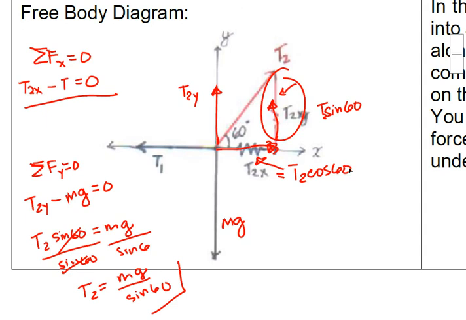So T2 cosine 60 is equal to T1. So T1 is equal to T2 cosine 60. So you have here the relationship.